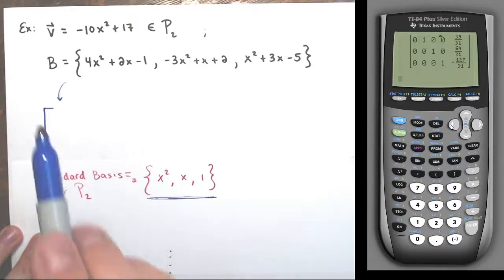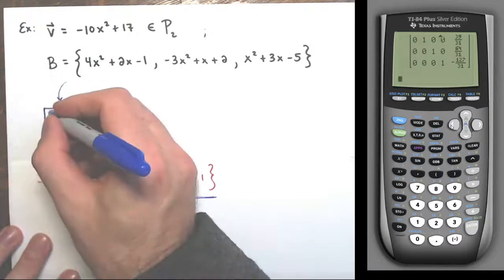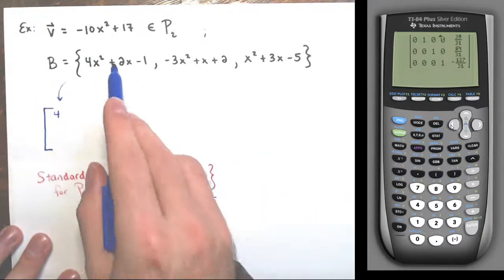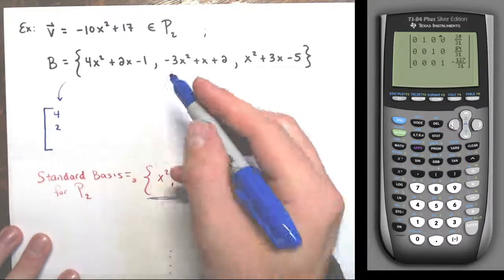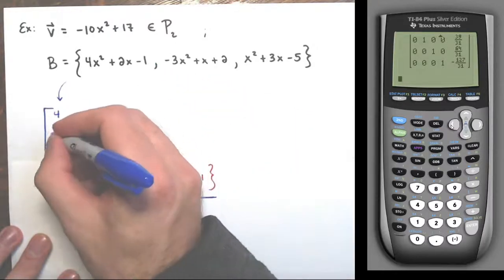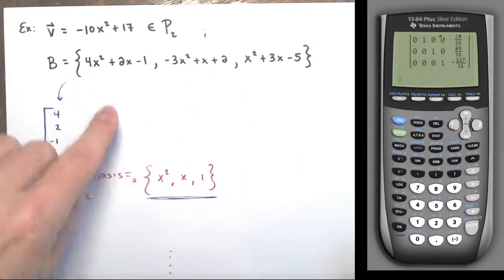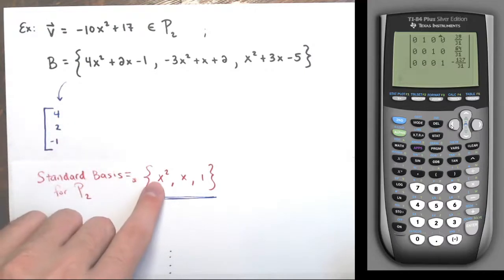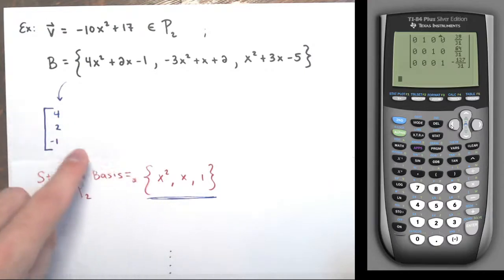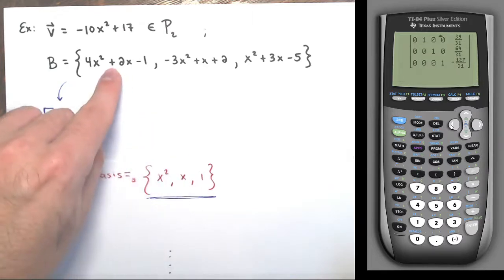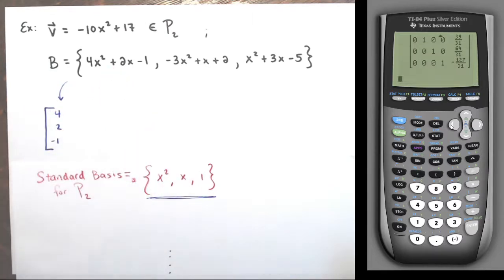But you see I've got 4 of the x squared, plus 2 of the x, plus negative 1 times the 1. So you see how 4 of the first vector in the standard basis, plus 2 of the second vector, plus negative 1 of the third vector would make that first polynomial in B.